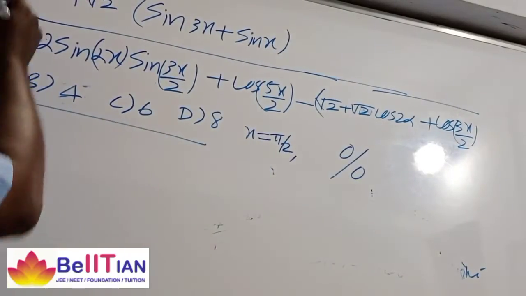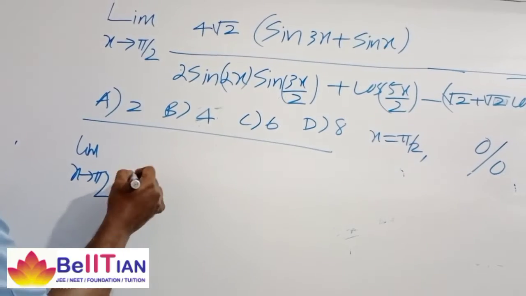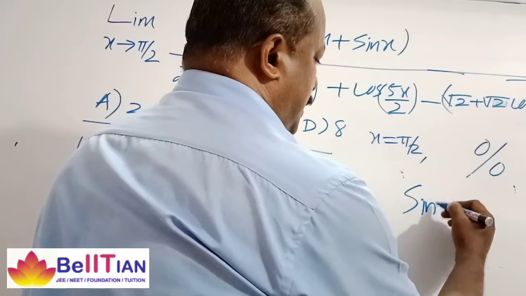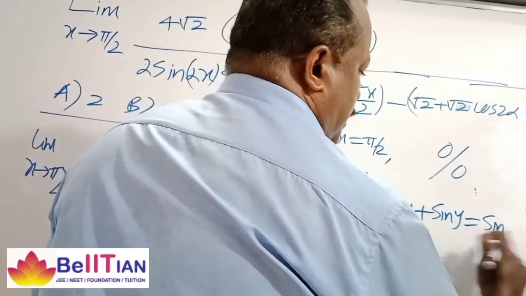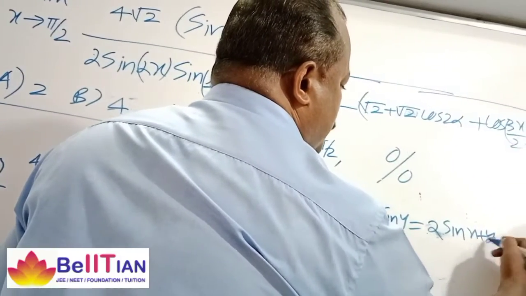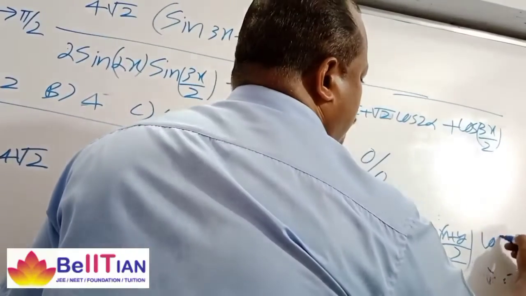Now I write limit x tends to pi by 2, 4 root 2 into... we know that sine x plus sine y is equal to 2 times sine of (x plus y) by 2 times cos of (x minus y) by 2.